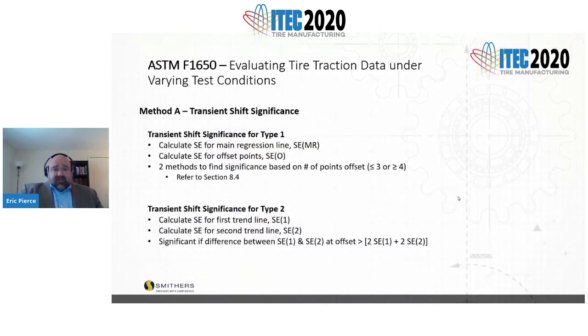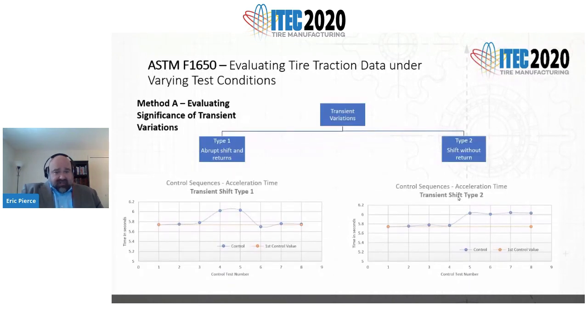For type 1, our transient shift that returns, the first thing we do is calculate the standard error for the mean regression line. Back in the graph, that would be our orange line, which is essentially in line with the first 3 points and the last 3 points.